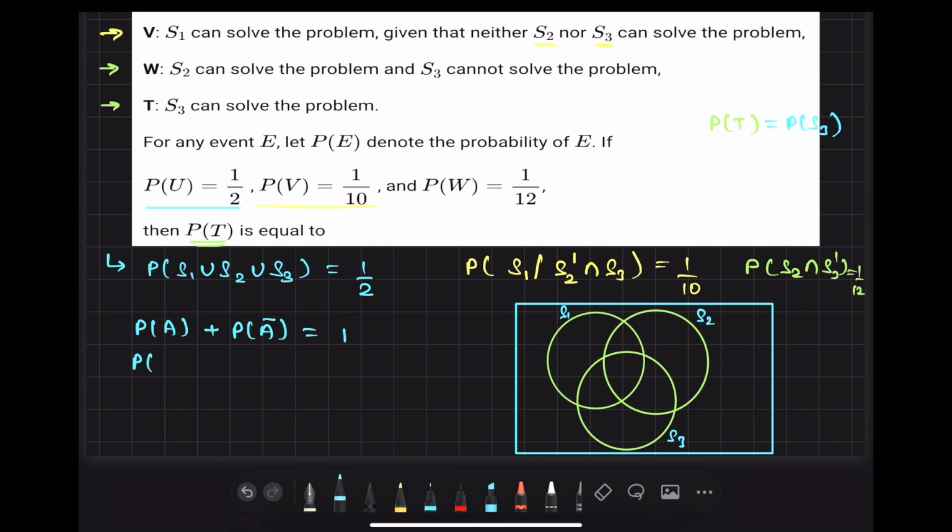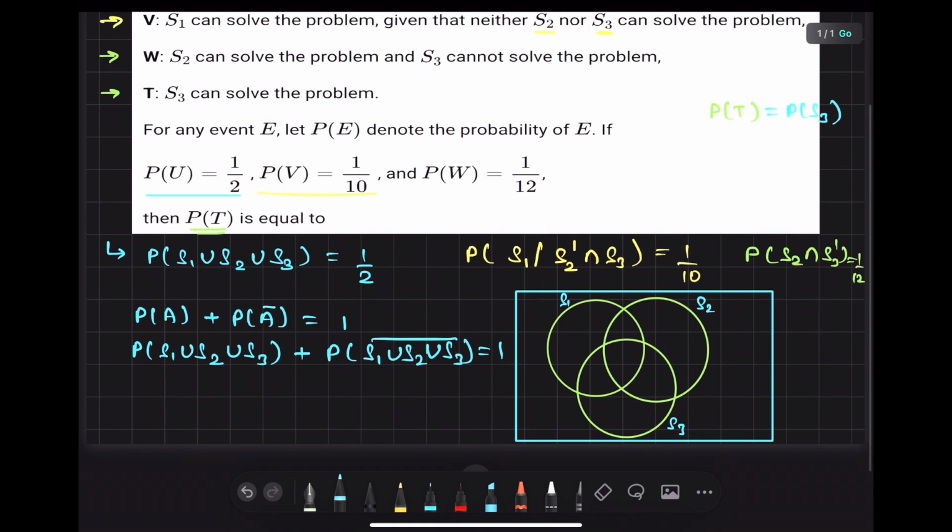So probability of S1 union S2 union S3 plus probability of S1 union S2 union S3 bar equals 1. The moment you apply bar, just try to understand.